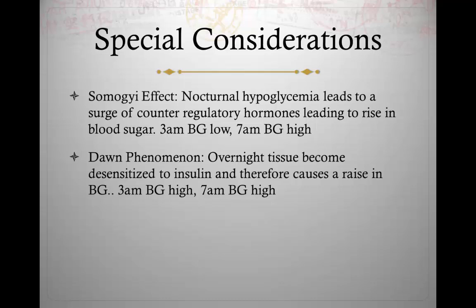Basically, it's an overnight tissue that becomes desensitized to insulin and therefore causes rises of blood glucose level. So, in other words, there is release of hormones such as cortisol and glucagon, as well as to a minor extent epinephrine, that would signal the liver to release glucose.